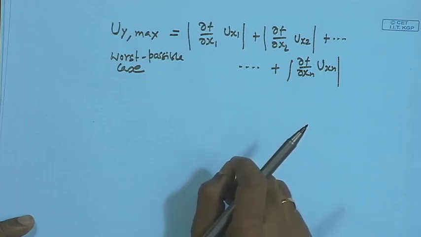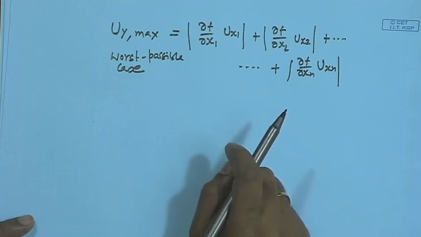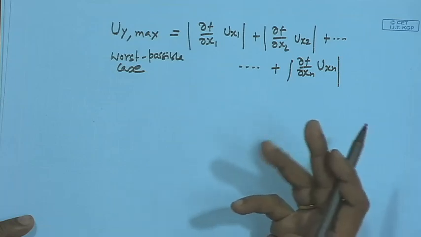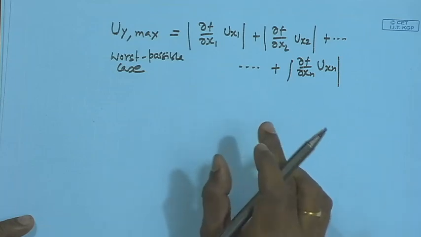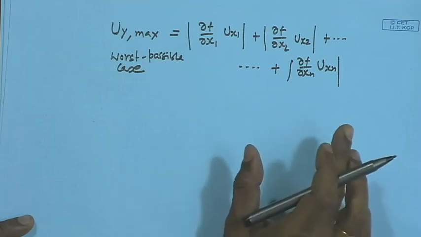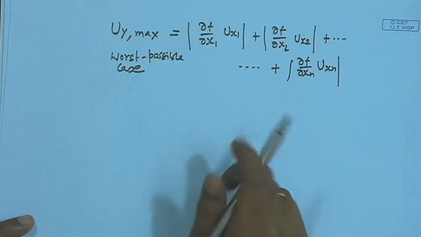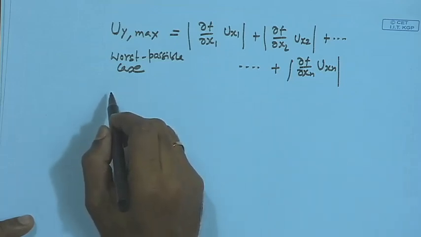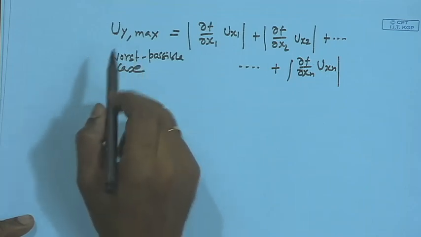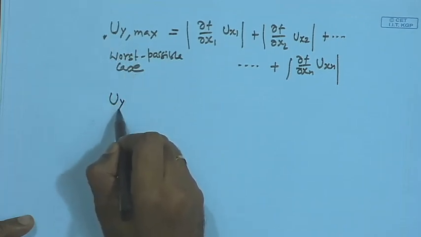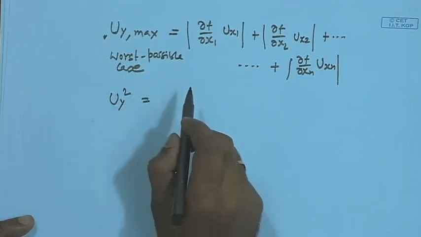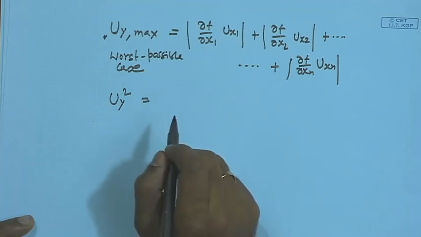Therefore, the more realistic way is to square both sides to give equal weightage to both positive and negative values of uncertainties. So, a more realistic way of representing uncertainty will be to square the terms.